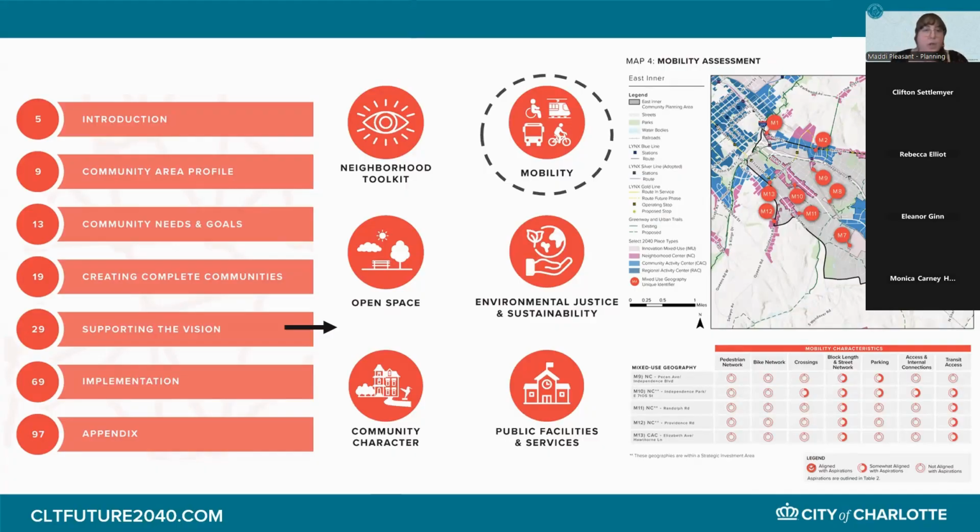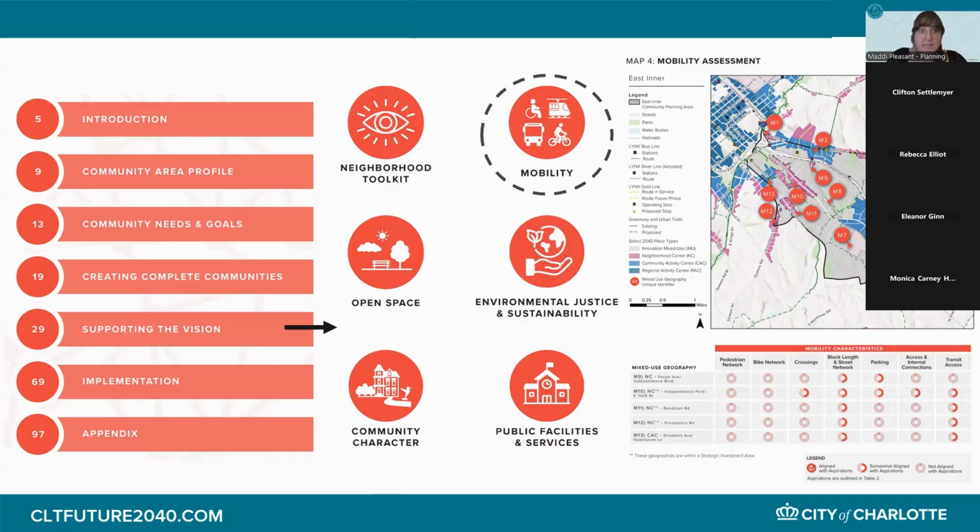So, for example, if a developer were to want to rezone a site within one of these locations, they should use this assessment to propose a project that improves conditions. Similarly, community members could also use this to evaluate a proposed project against the assessment and determine if that project is contributing to the area's aspirations.